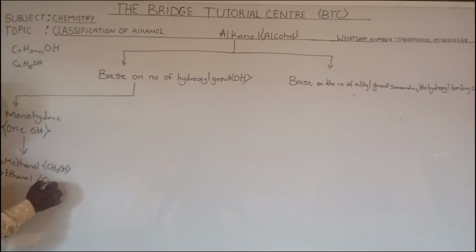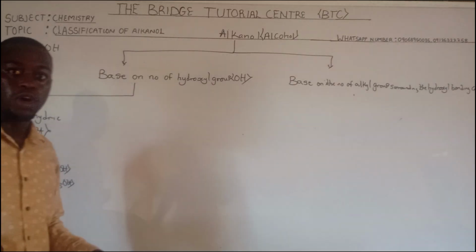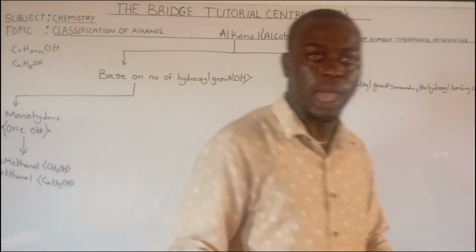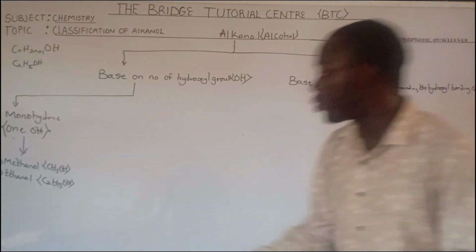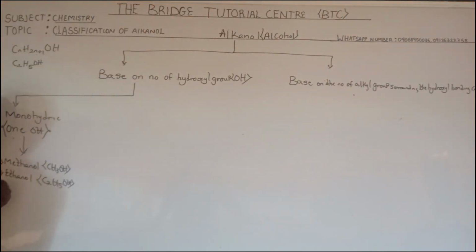So we have C2H5OH. Moving on, we can just be adding CH2. As we all know that in homologous series, each successive member differs by a CH2 group. So we can just be adding them. The third one, which is propanol. So we have the propanol. So the formula will now be adding CH2.